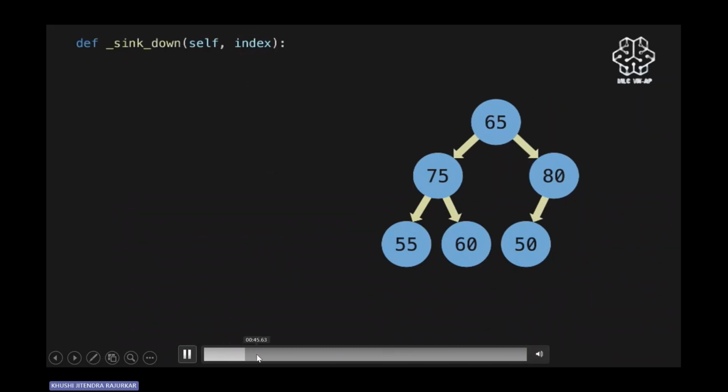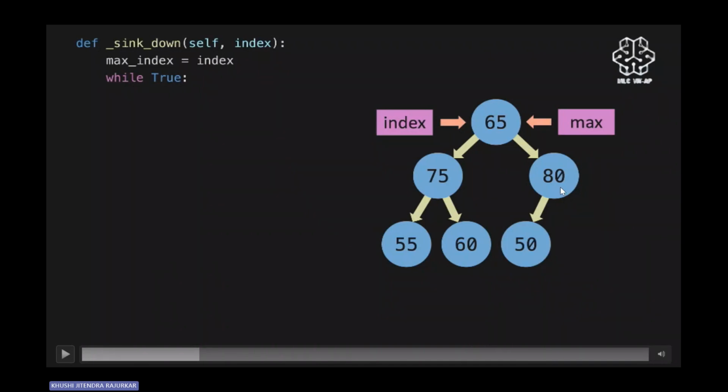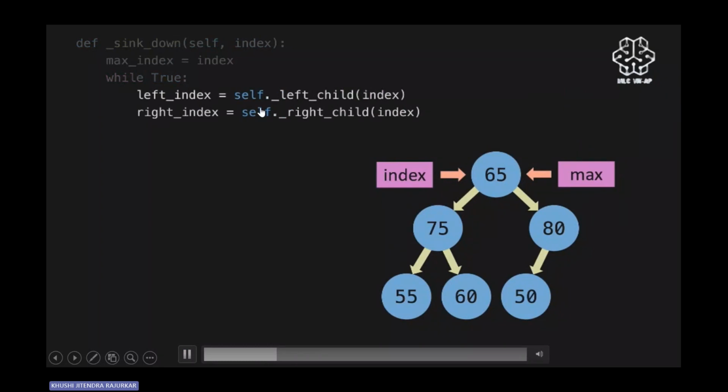So this is our sink down method. It shall be taking in a value parameter. Now, in order to help make this code, we shall be taking in a max index variable and we shall be equating it to our index. And then we shall be running our while loop until our condition is not true anymore.